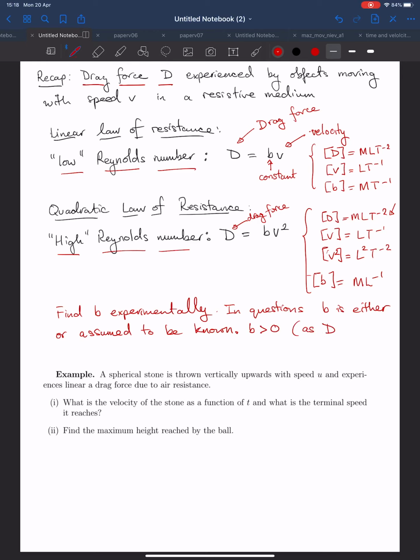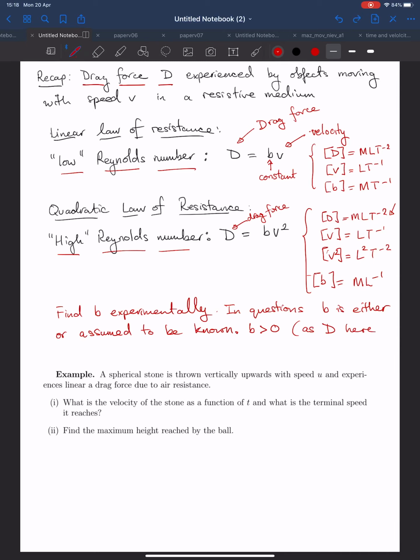As for D here, I know I used in my last lecture this notation, D underscore, or with the tilde underneath to represent a vector, but the magnitude of the drag force I'm using is D here.